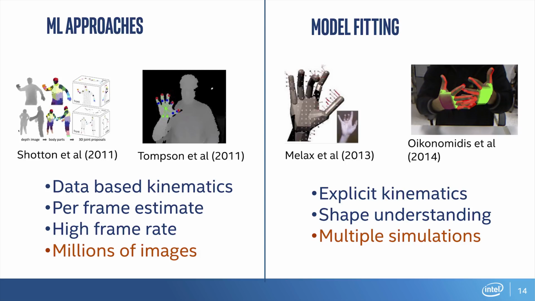I'll go into more detail about point cloud data, but basically we take a model and make it look like what a person or hand would look like to make that data. And what's nice about these techniques is they implicitly enforce kinematics. There's information and understanding about the shape of the hand or body, but they do require multiple simulations.